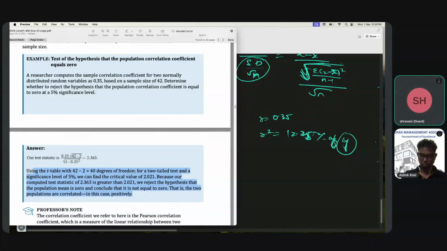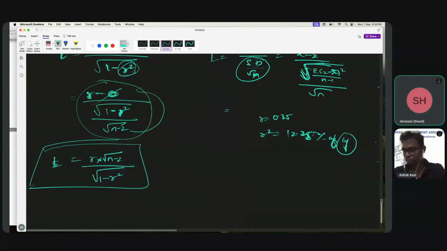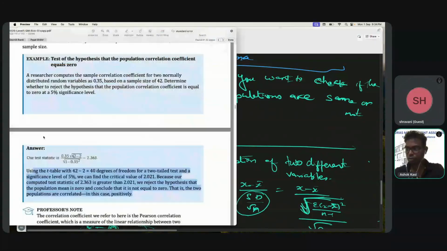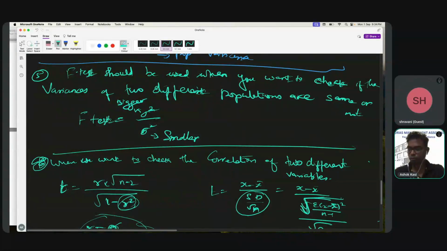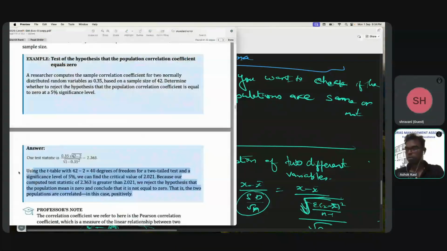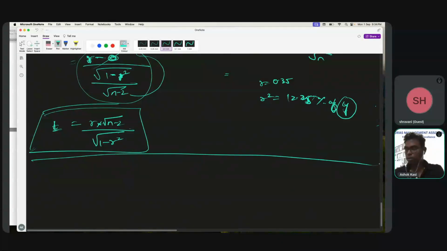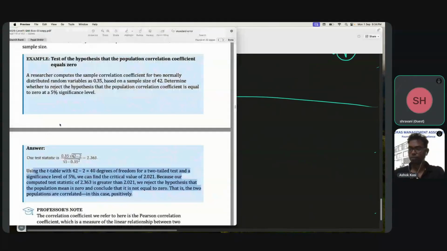Done, sir. You understood this one now? Yes, sir. This is one example of non-parametric, no? Because we are not checking any normal distribution of data. We are checking correlation of that data.